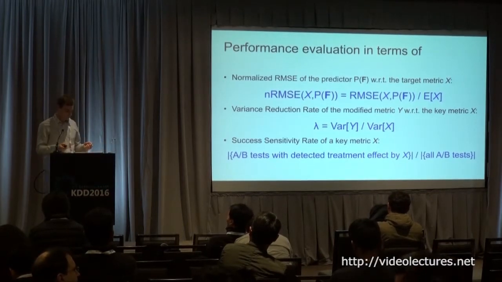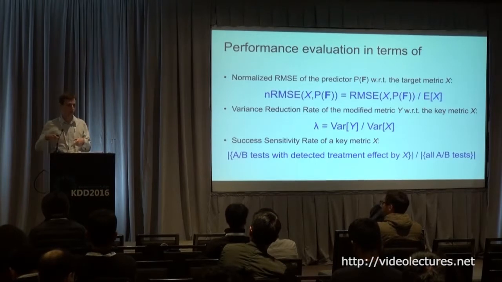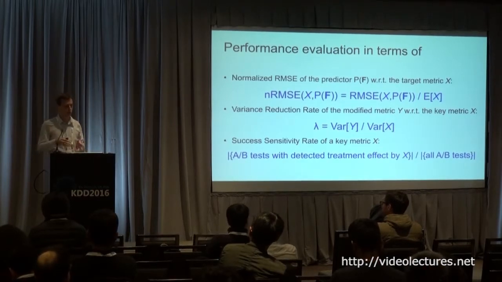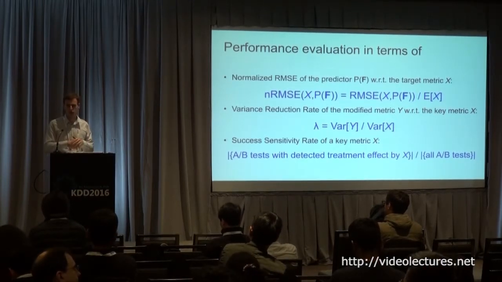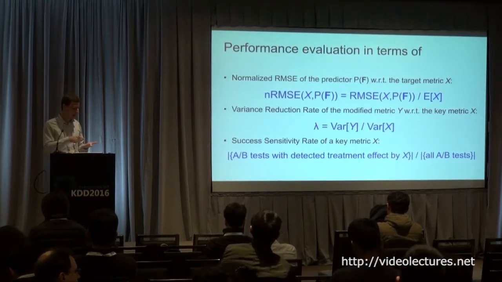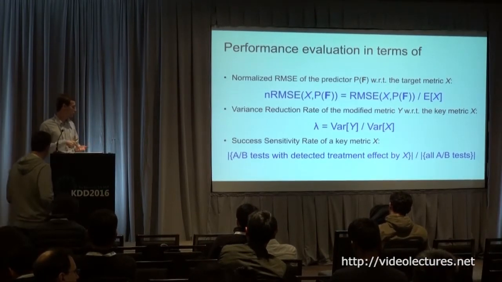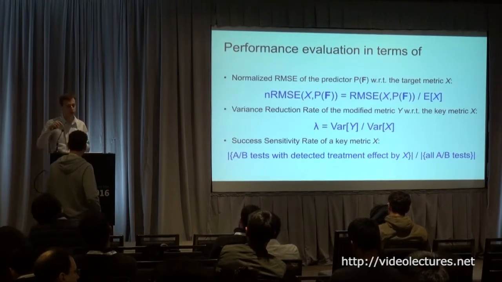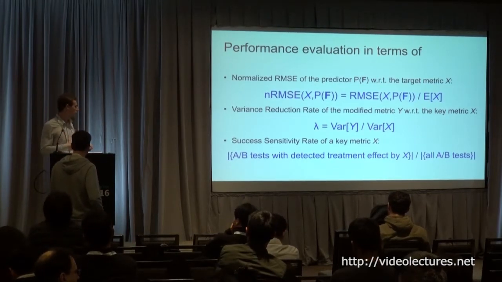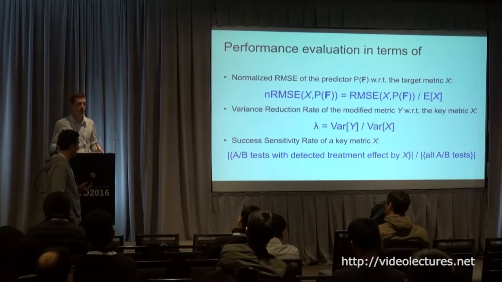And we calculate the t-statistic for our metric, derive the p-value, and using our threshold of 5%, we count the number of A/B tests where we detected the legitimate effect, where the p-value is less than 5%, and thus we calculated the sensitivity rate. We did it for our production A/B experiments, and this technique is applied in our production.